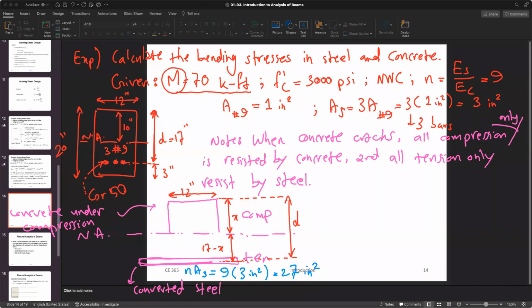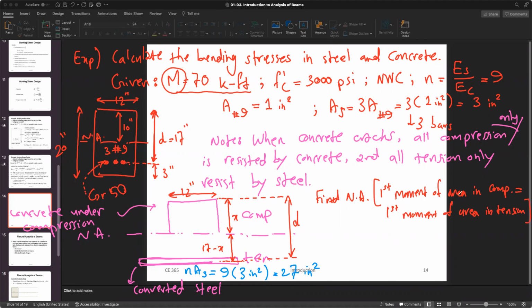To find the neutral axis, we want to say the first moment of area in compression is equal to the first moment of area in tension.